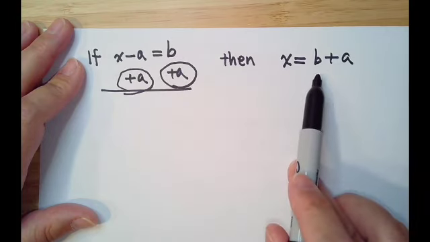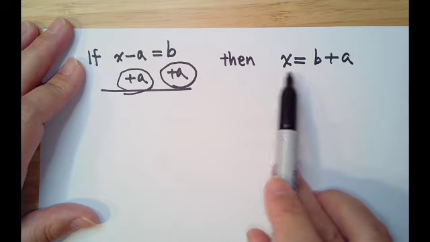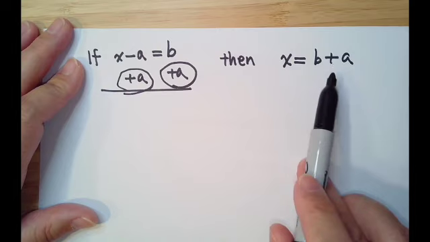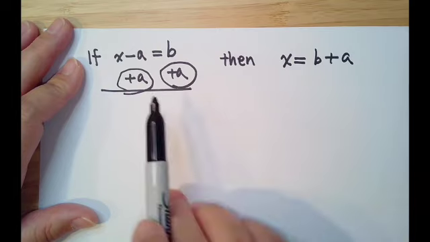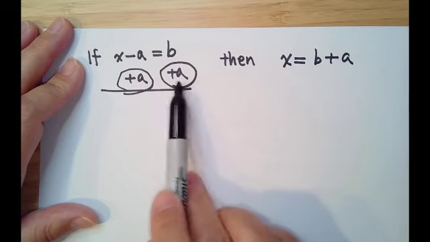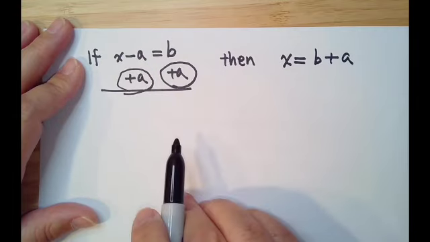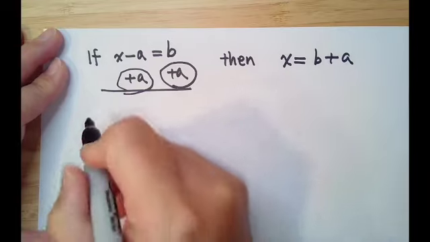So that is exactly another way to say the same thing. All right, so x equals b plus a, which is you move negative a to the other side, it becomes a positive a. So later on, I can either say we plus a on both sides, or we can say move negative a to the other side and change the sign, make it a positive. So this is the first.